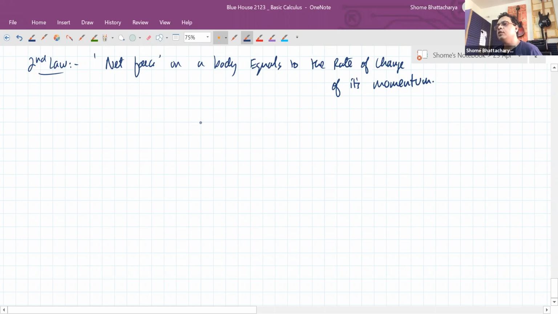Since we are not completely into vectors yet, I'll write that in scalar language. So what we'll say is that the net force, later we will convert this into a vector equation. So this is not completely a technical equation yet because we have not written it in the language of vectors, where momentum is mass into velocity.